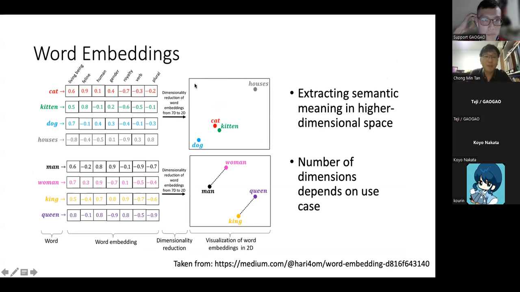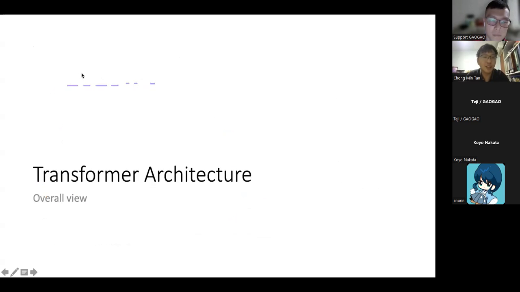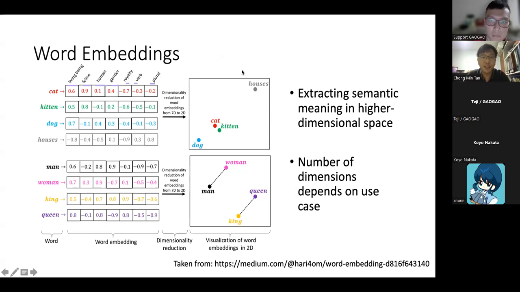Let's say this embedding space has 7 dimensions. People hope that each dimension represents a certain attribute. Maybe the first dimension is whether or not it is a living being, then the scale of feline, the scale of human, gender, royalty, verb, and plural. So it's maybe a scale of how similar they are in these attributes.